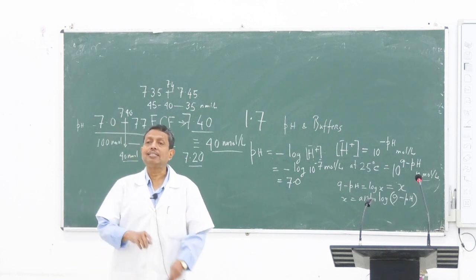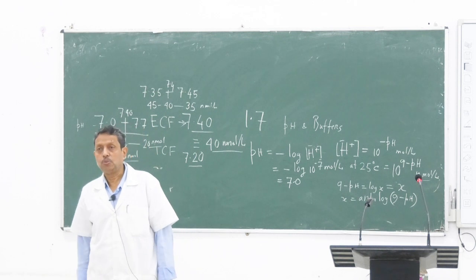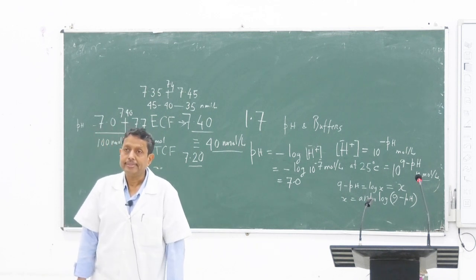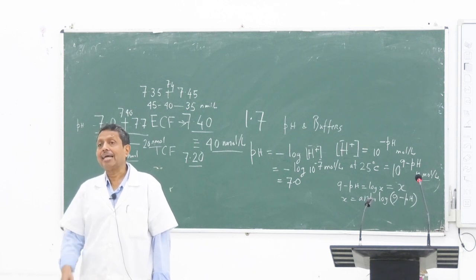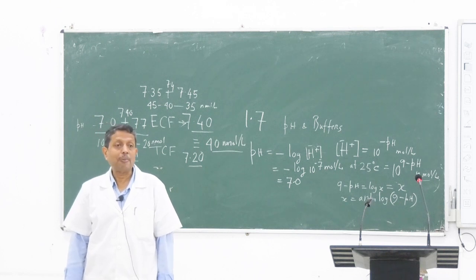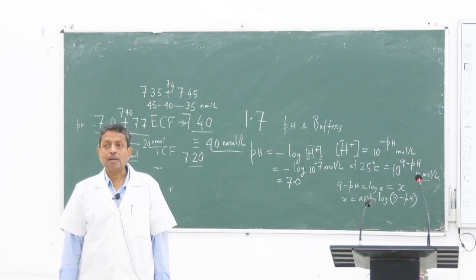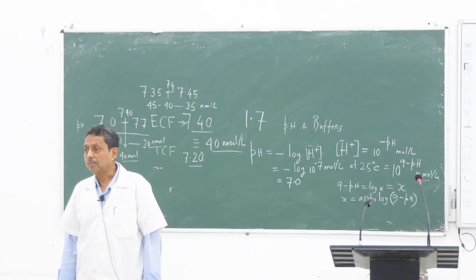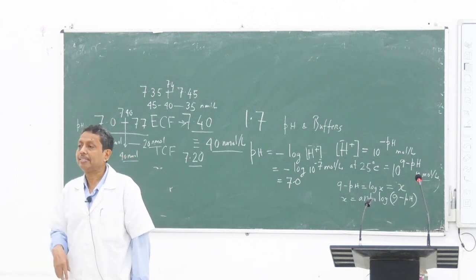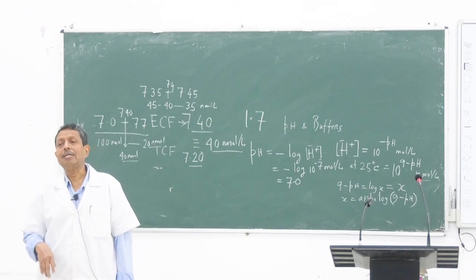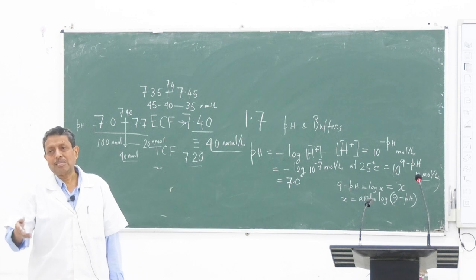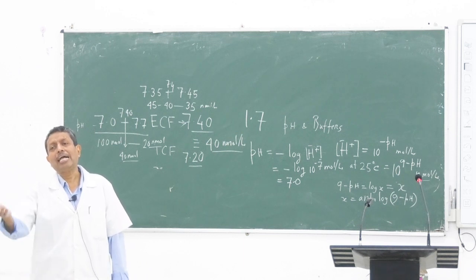Now acids are always produced within the body by the process of metabolism, and there are buffer systems that help to stabilize the pH. You are familiar with buffers from chemistry or physical chemistry texts: weak acids or bases.